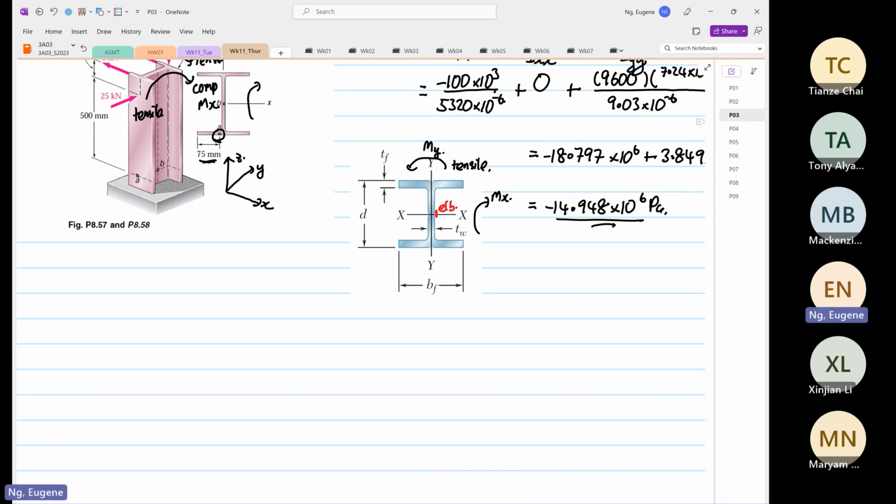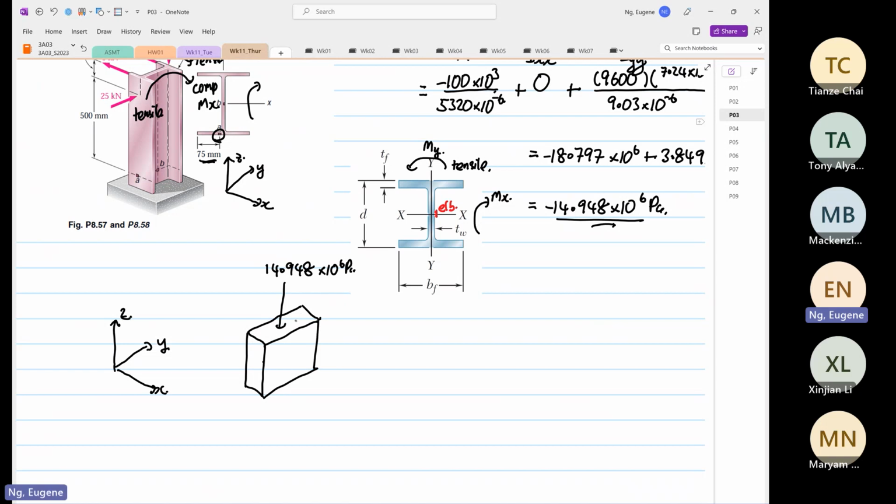If we focus on element B, this is our Y, X, and this is our Z. So what we know now is that we have a compression, and this is equal to 14.948 times 10 to the power 6 Pascal.